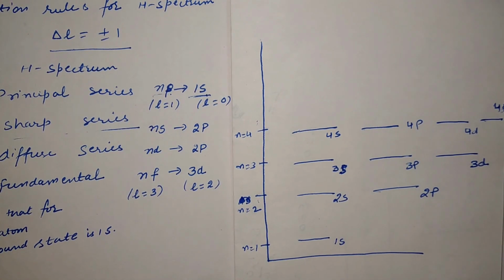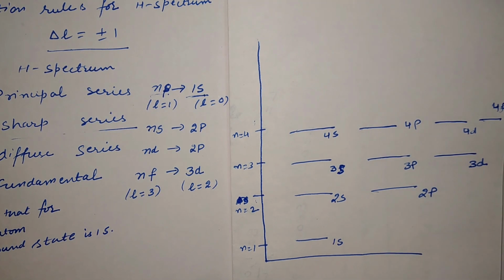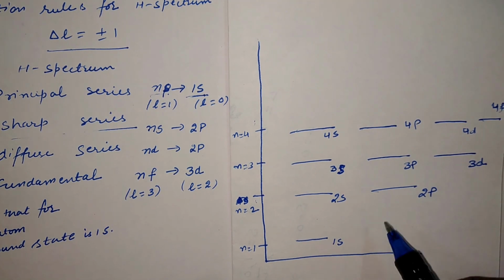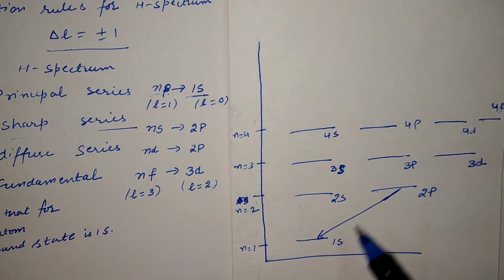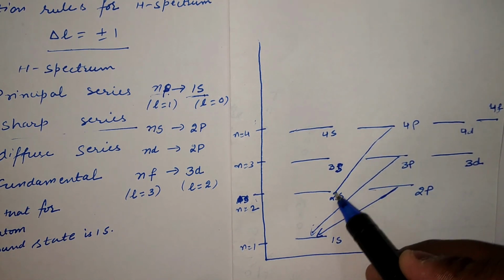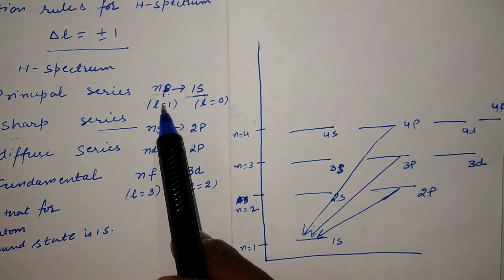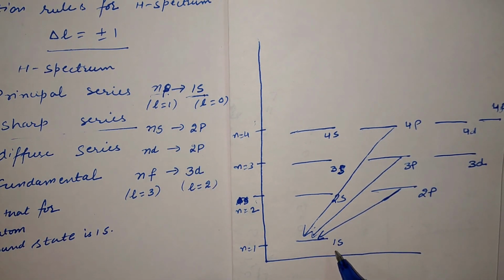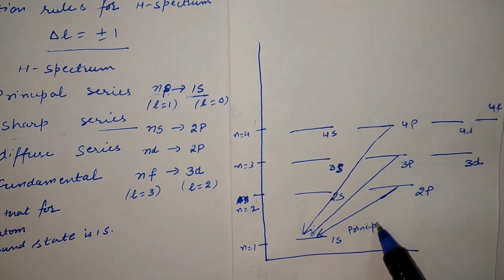The first series is the principal series, which starts from np to 1s. There is no restriction on the value of n for the transition to occur. So we have transitions from 2p to 1s, 3p to 1s, 4p to 1s. All these transitions from np to 1s form the principal series.